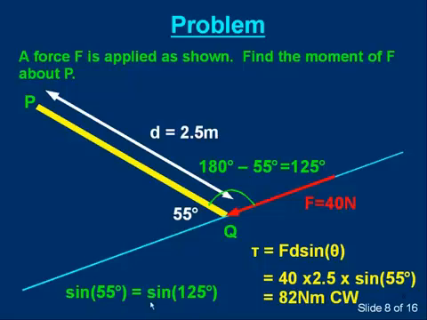The sine of an angle is the same as the sine of 180 minus that angle. And in fact, if we did the calculation using sine 125, it would give exactly the same answer. So we could use either the big angle, the obtuse angle, or the smaller angle, the acute angle. It makes no difference to the calculation.